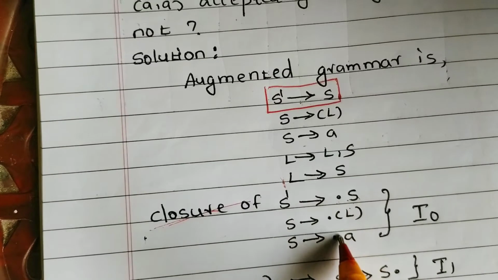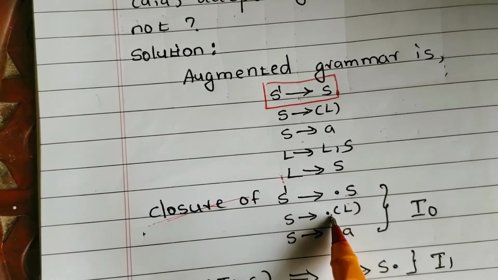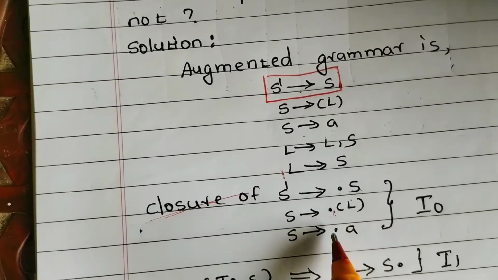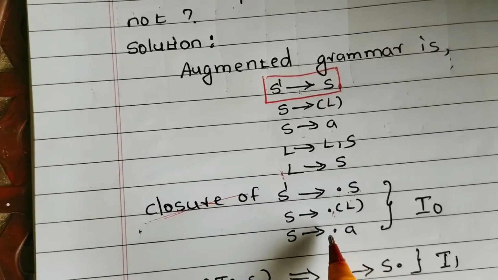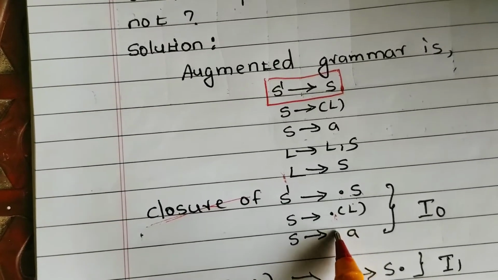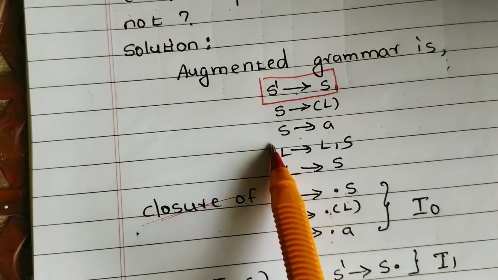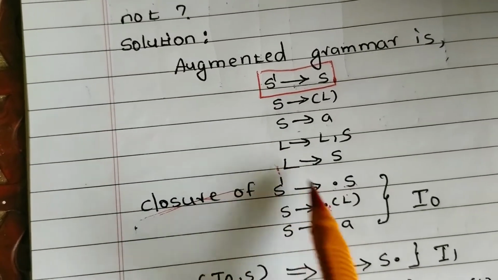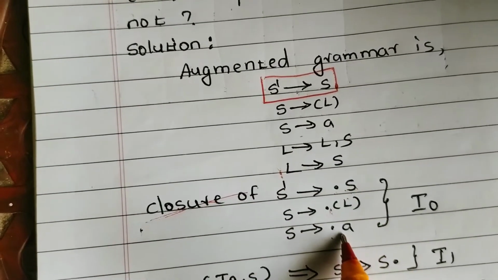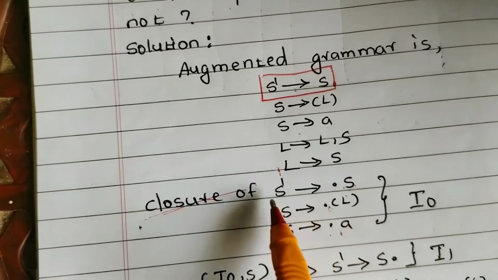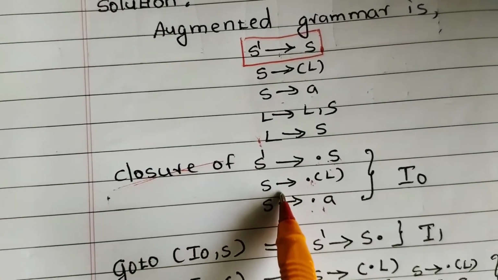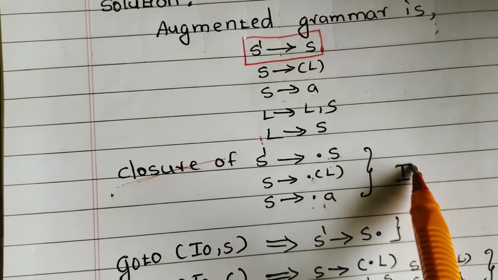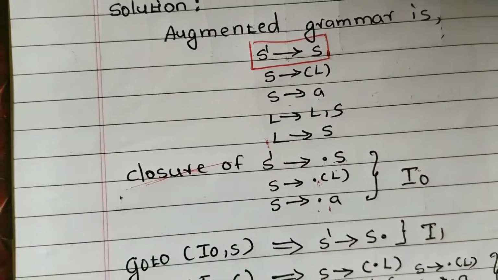There is no other non-terminal immediately after a dot, so we stop. For example, if dot L were coming, we would have to write the L productions also, but here there is no L immediately after the dot. So we simply write these three, and we name it I0. This is the closure.